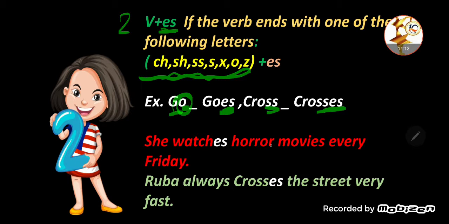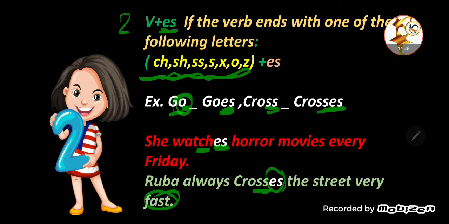Here I used es because the verb ends with ch, so I directly added es. Ruba always crosses the street very fast. It ends with double s, so I added es. Ruba always crosses the street very fast.